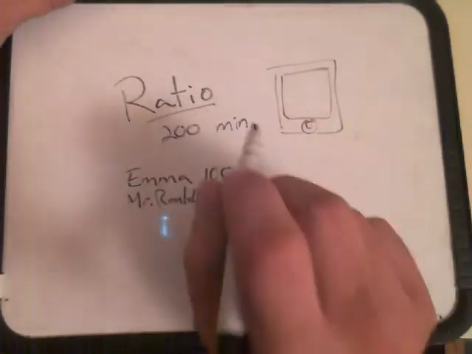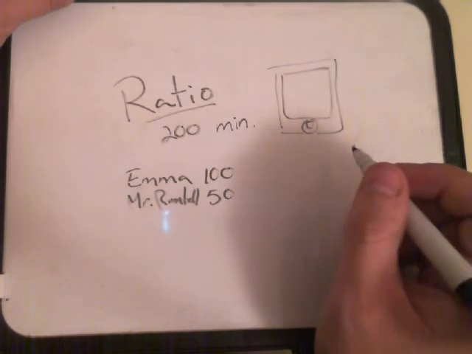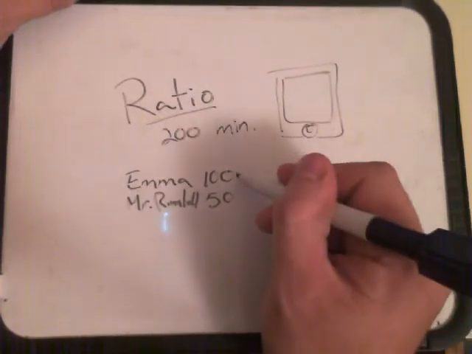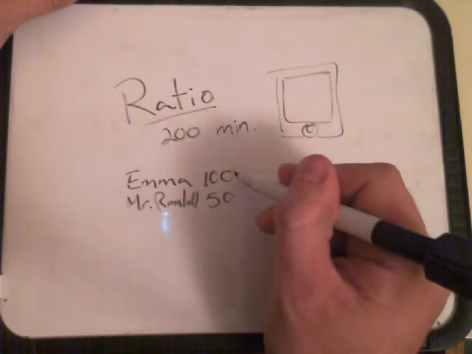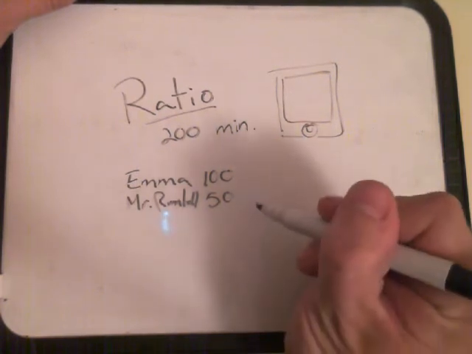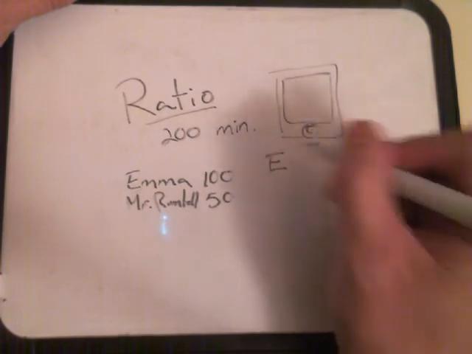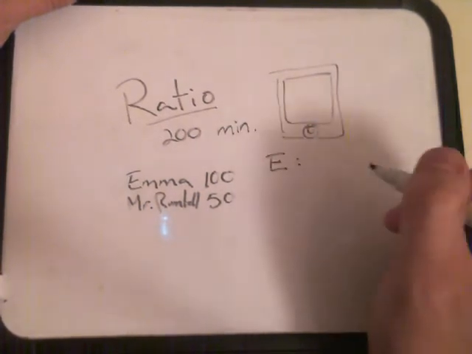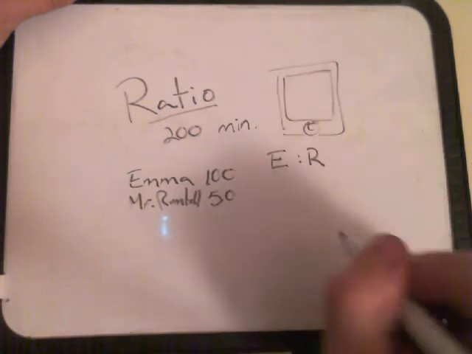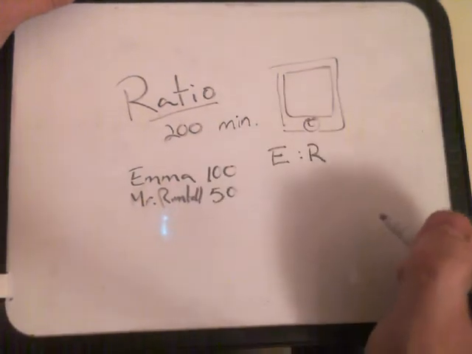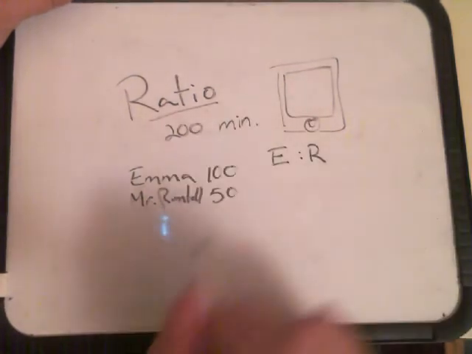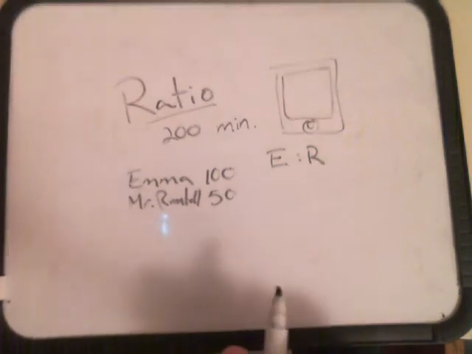Well, remember, if I'm going to compare two things, it could go either way. I could compare the number of minutes that I talk to Emma versus the number of minutes that I talk to Mr. Rumble, or I could express it vice versa. Well, let's say that I want to express the number of minutes that I talk to Emma versus the number of minutes that I talk to Mr. Rumble. Well, I'm going to have to include these two quantities in order to express that comparison.